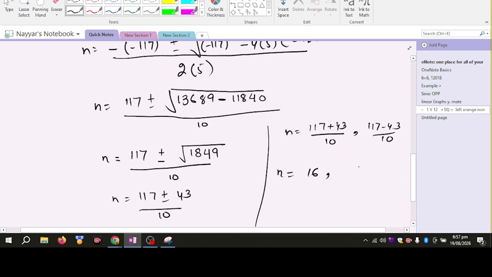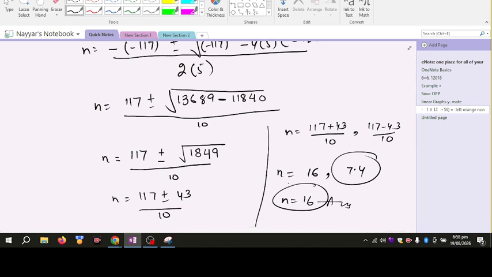And then n is equal to 7.4. We cannot have n in the form of a decimal number, since it means the total number of beads is n. So n is equal to 16 is our answer. Is this clear to you? Alright, so the total number of beads in the bag is 16.